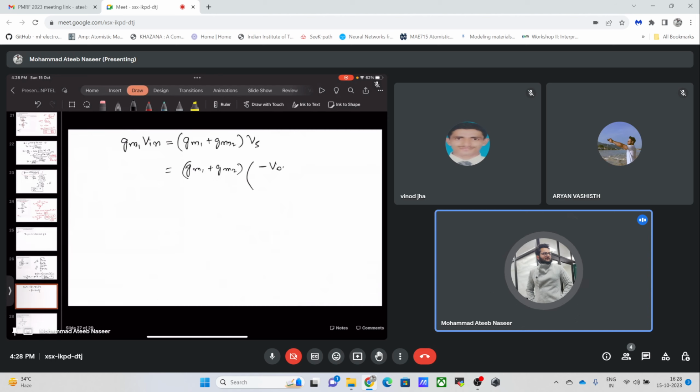So Vout by Vin is simply equal to minus gm1 gm2 RD divided by (gm1 plus gm2). This is our Vout by Vin.